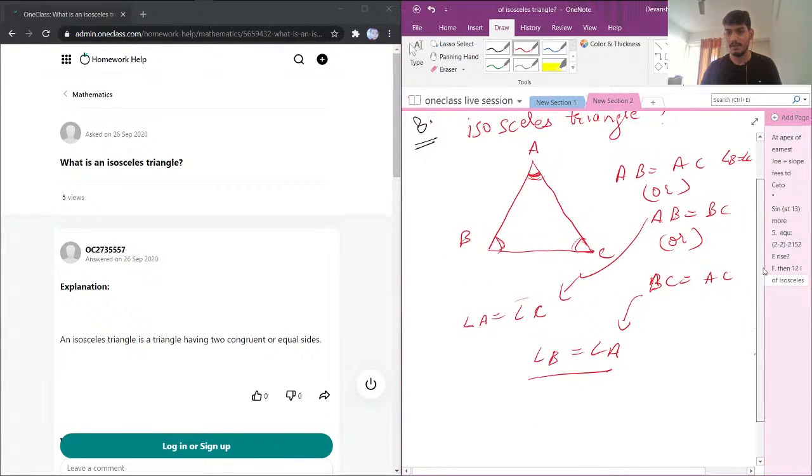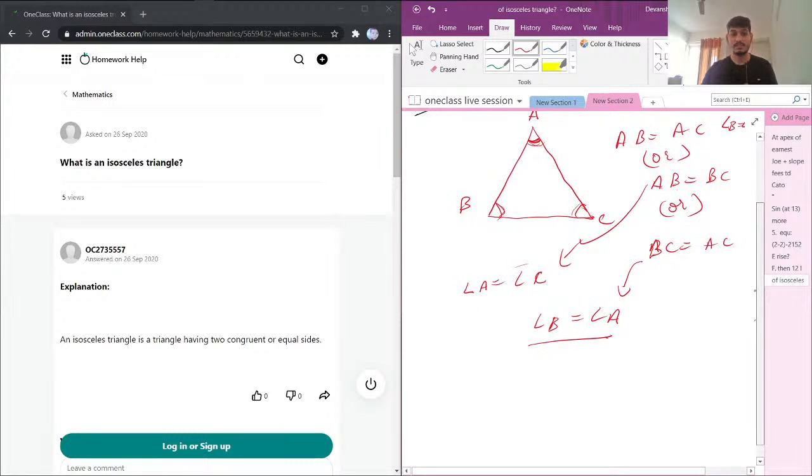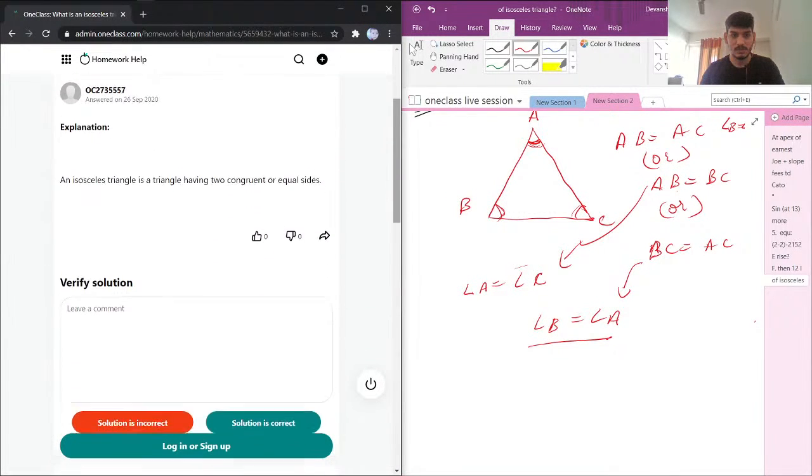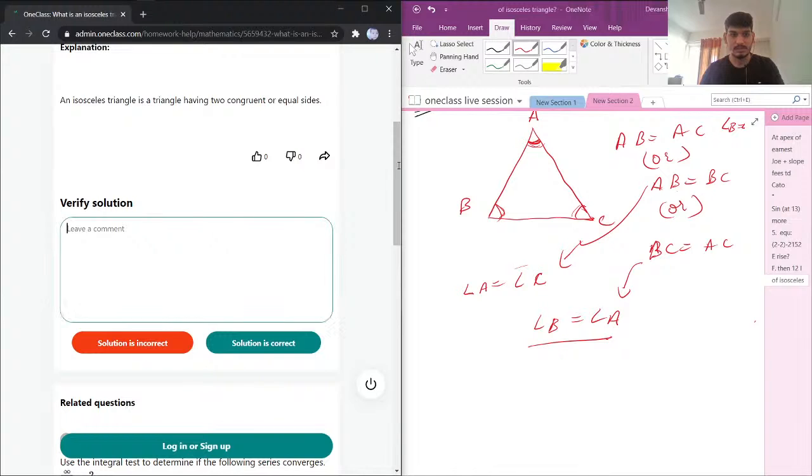They can be any equal sides, but the sides should be equal, and equal sides make the same angle with the base.